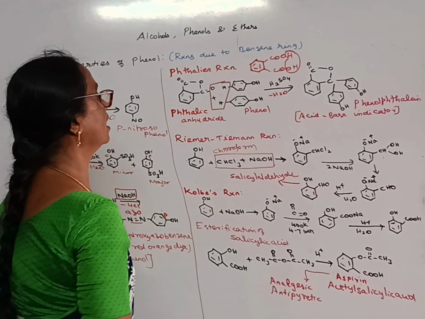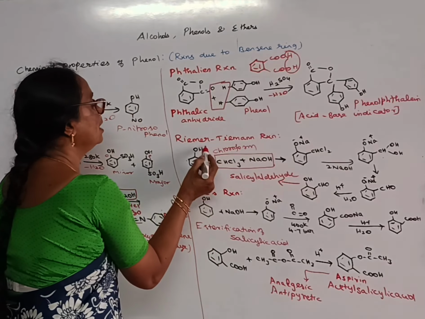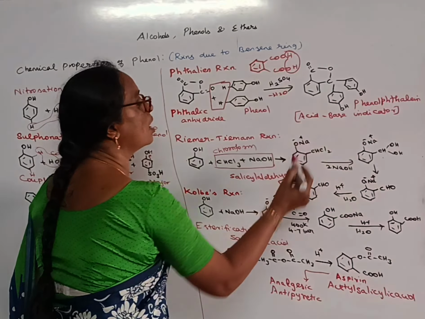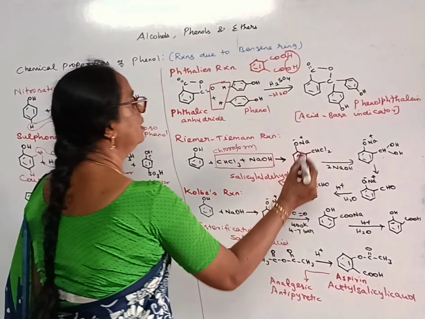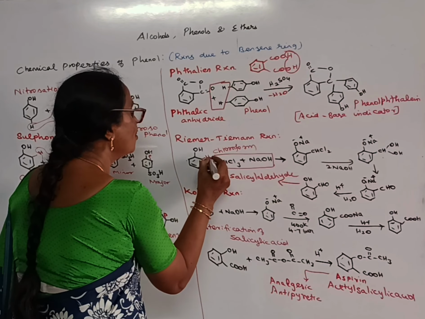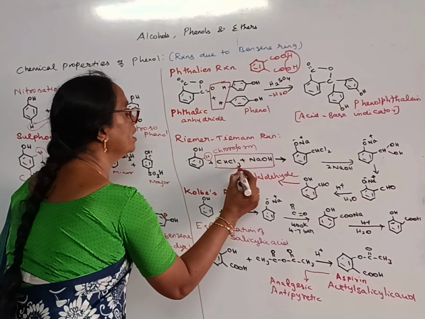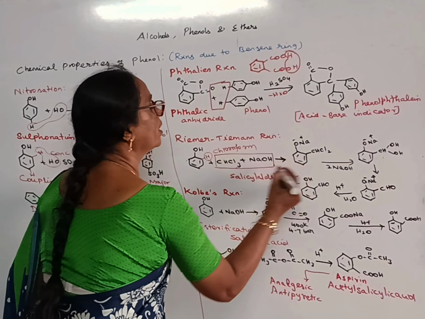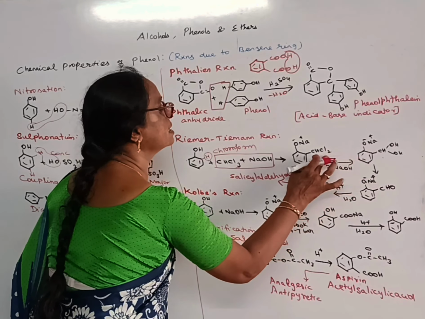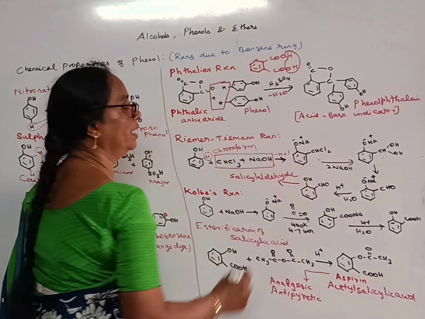When it is taken, the base alters the OH group into the salt of phenol, and the hydrogen atom of this ortho position can combine with one of the chlorine atoms. So here we get minus HCl.